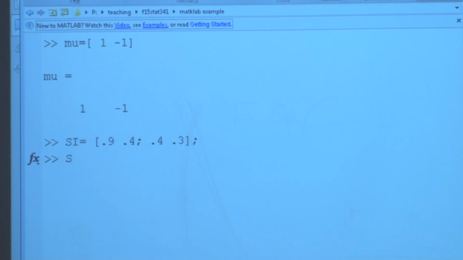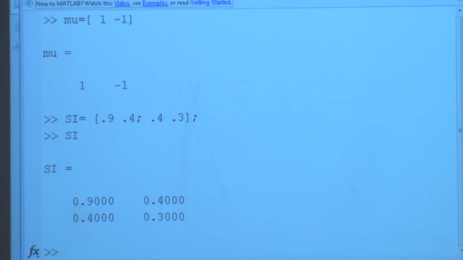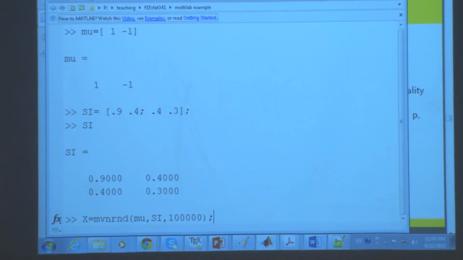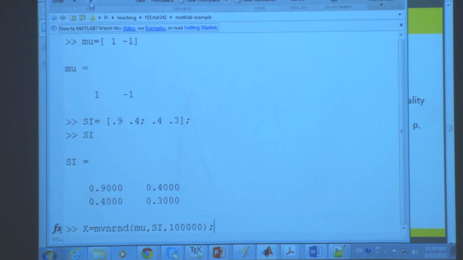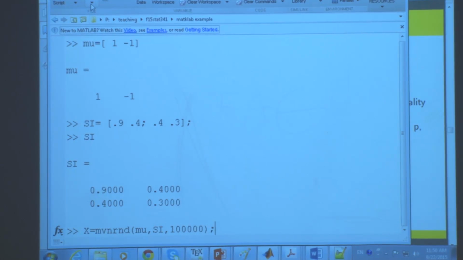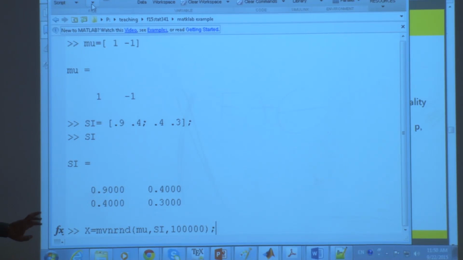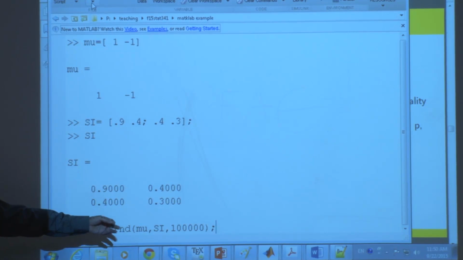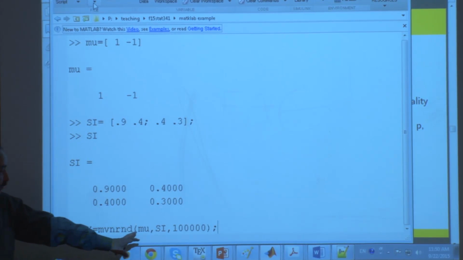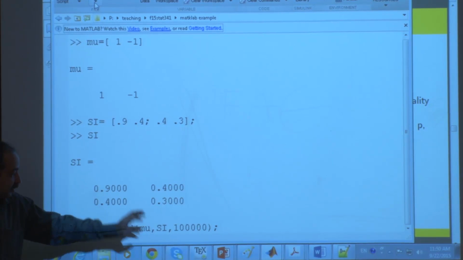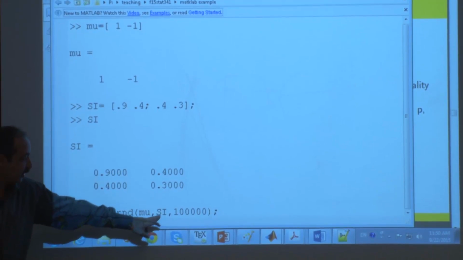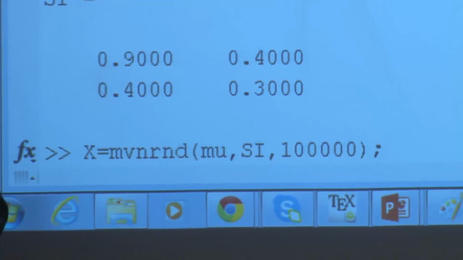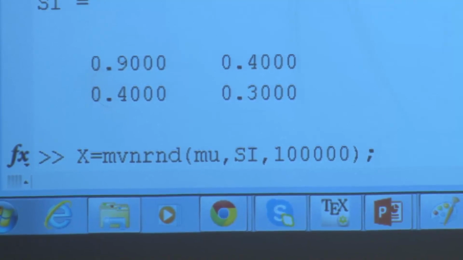This is my covariance matrix. MATLAB has a function, mvnrnd, which draws multivariate normal points from a Gaussian which has this mean and this covariance matrix, and I said that I would like to have 100,000 data points.